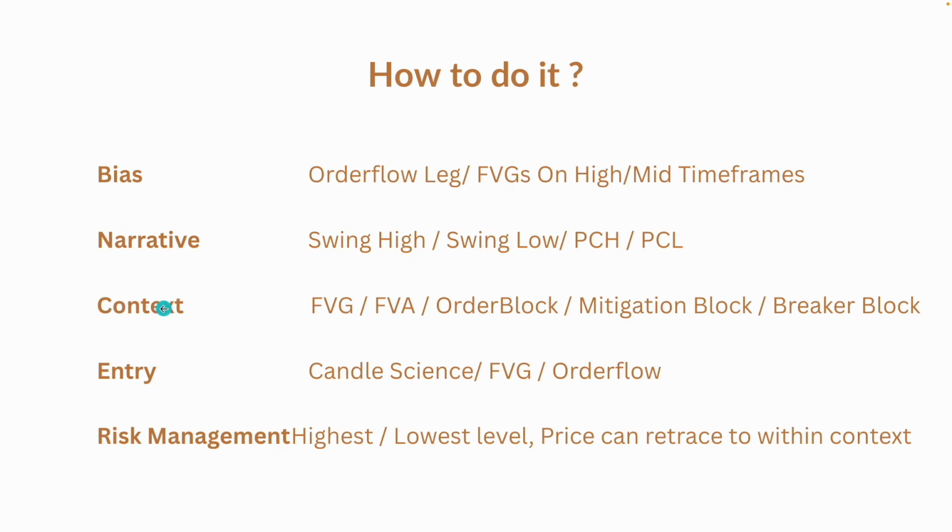That's the context. So once we have found the bias, then the narrative, and then created the context, now it's time to get an entry. Once all the PD arrays are decided, we can go to lower time frames like 1 hour, 15 minutes, 5 minutes, or 1 minute to enter. How do we enter?